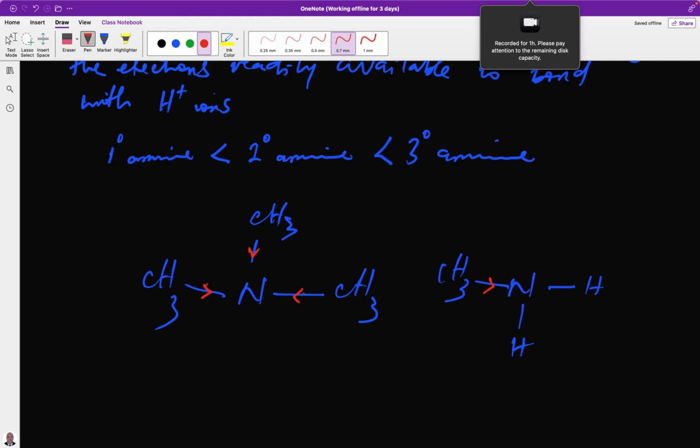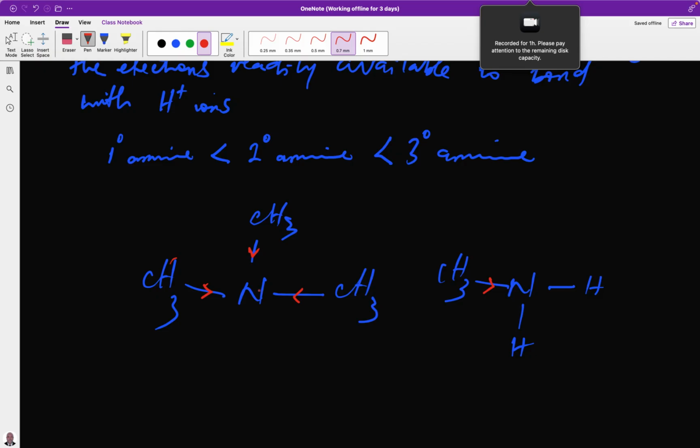So this is a tertiary amine and this is only a primary amine. Now these are electron donating. All these alkyl groups are donating electrons on the nitrogen. They are increasing the number of electrons on nitrogen, making electrons available for nitrogen to give out to form a coordinate bond.